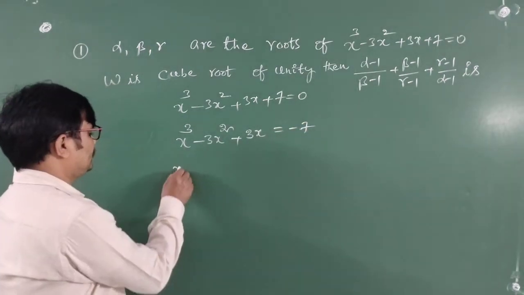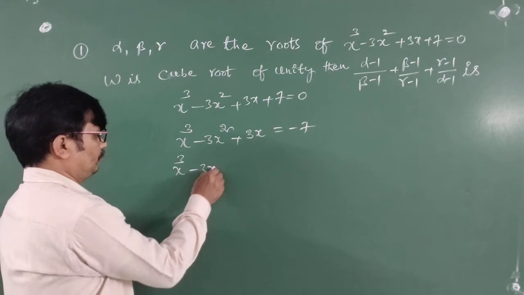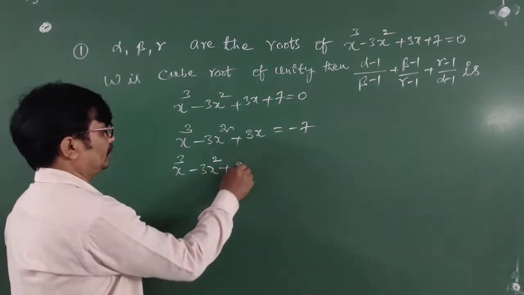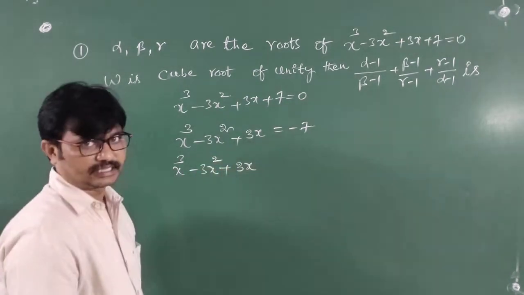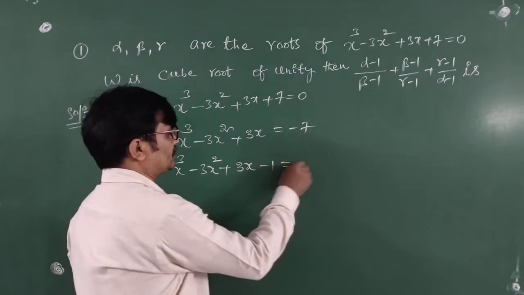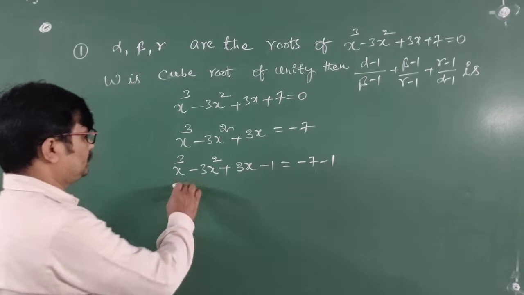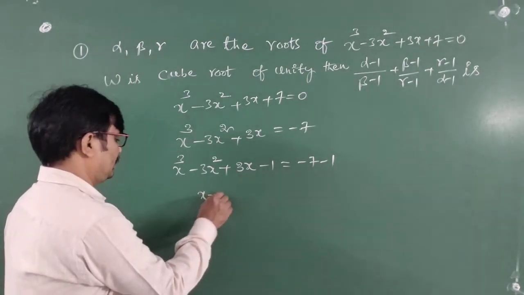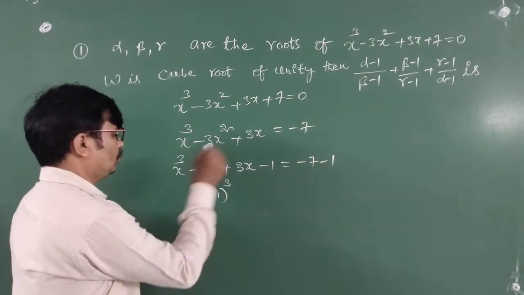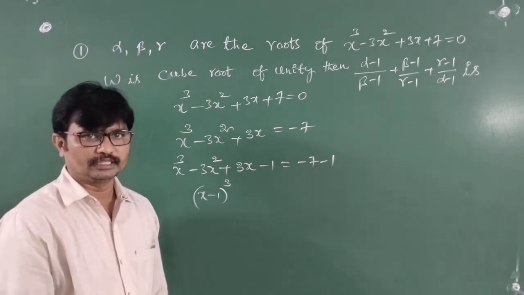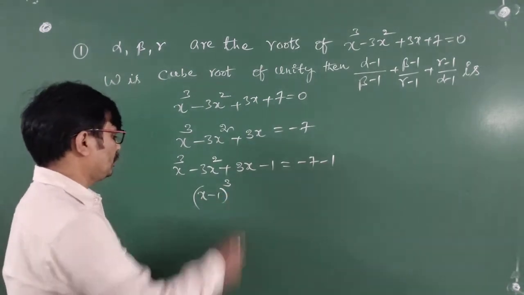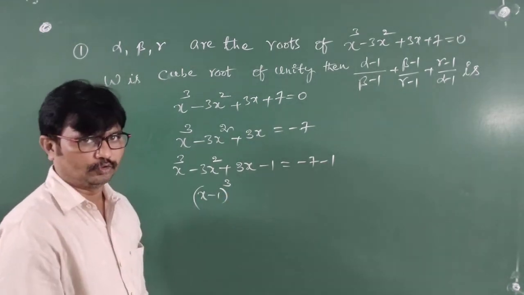We are taking minus 1 on both sides, so this is the formula of x minus 1 whole cube.